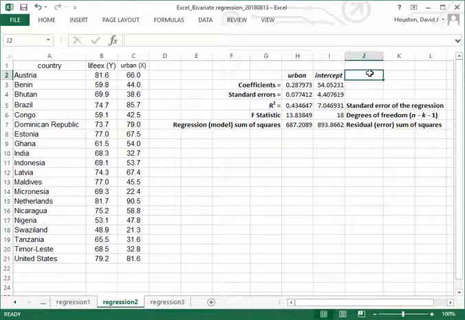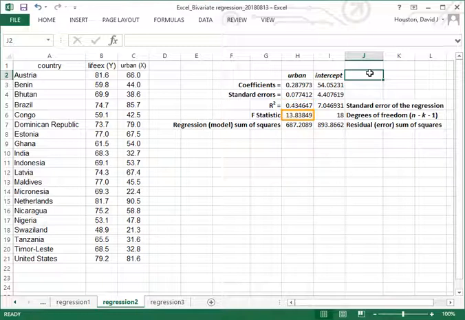Now as we go below those first 2 rows, we see information that tells us about the entire regression model itself. We see the R-square value, which indicates here that knowing a nation's urbanization explains about 43.5% of the observed variation among these 20 countries in terms of expected life expectancy at birth.